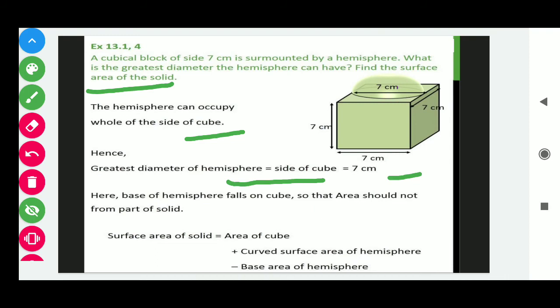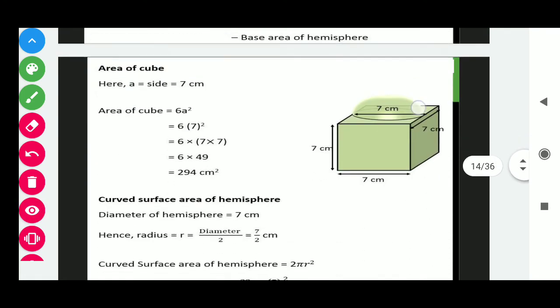So surface area of solid is equal to area of complete cube plus curved surface area of hemisphere minus base area of hemisphere. Students, if we make a hemispherical shape at the roof, they cut the portion of the base of the hemisphere. So the base area of the hemisphere will be deducted.